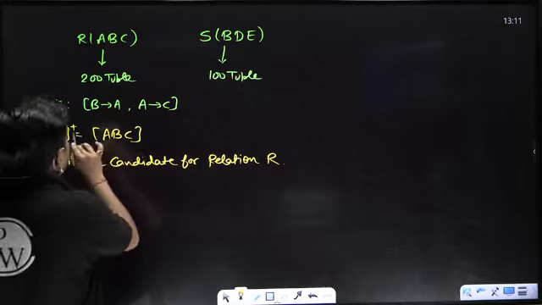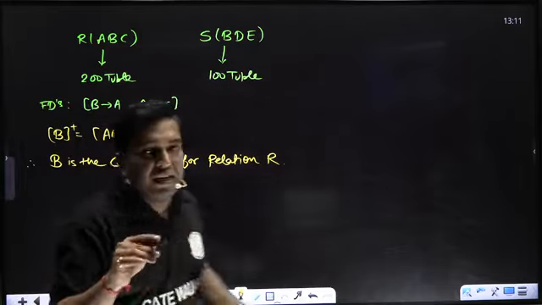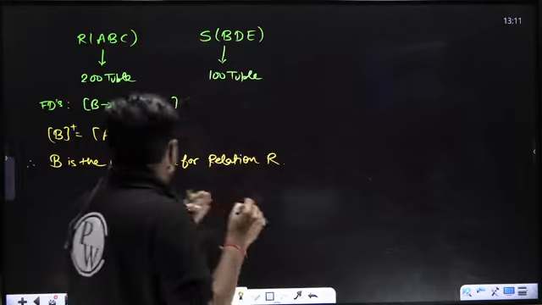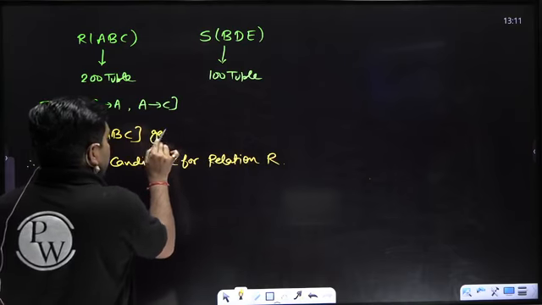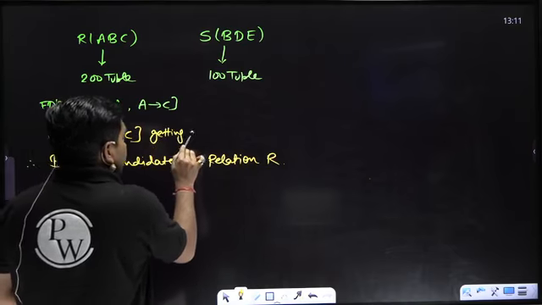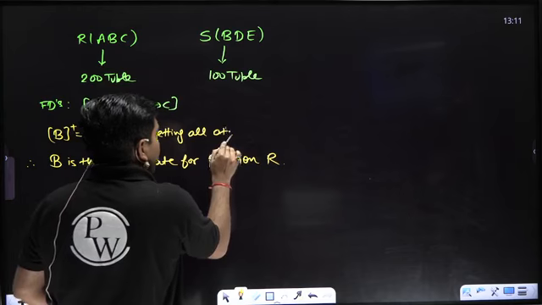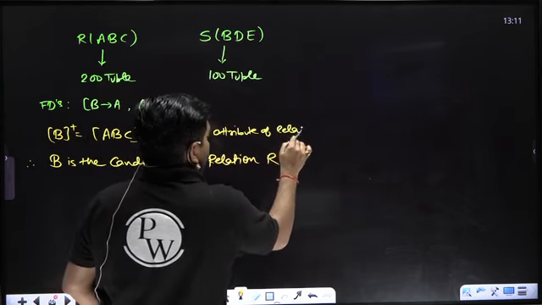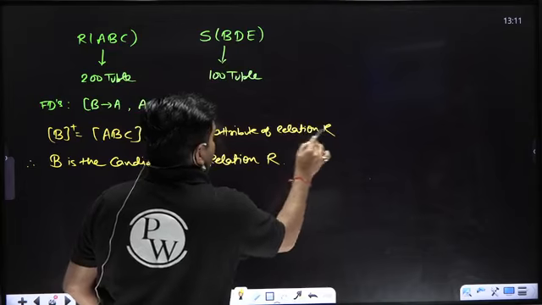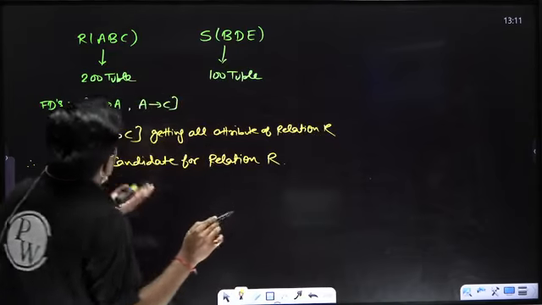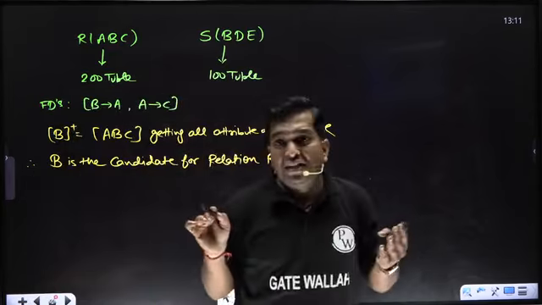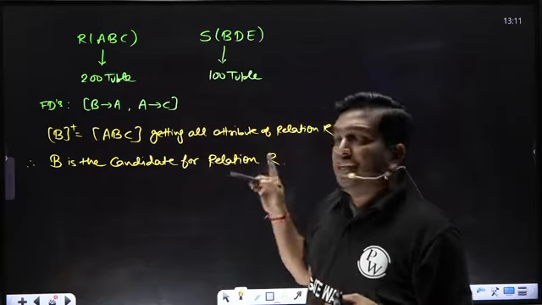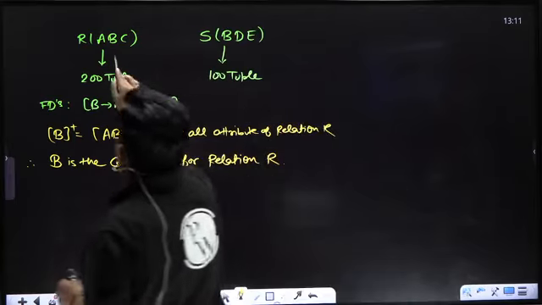Because the closure of B gives all attributes of relation R, and there is no other candidate key. So B is the candidate key for relation R.